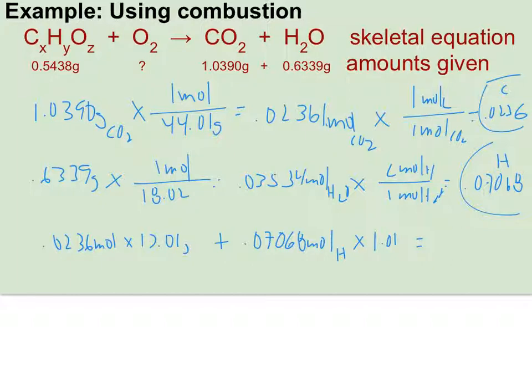If I do that, I find out that those 2 products have a combined mass of, let me find my notes here, 0.3550 grams. So now if I go back to my original, this is how much carbon and hydrogen are in my products. So that's how much carbon and hydrogen had to come from my original unknown, because that's the only source of carbon and hydrogen.